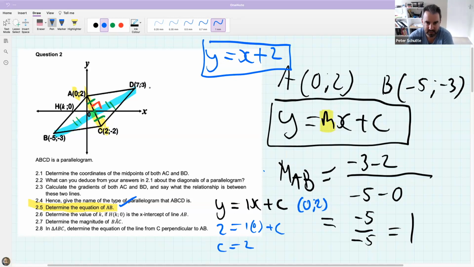Okay, next step, unless there are any questions, is find the value of k, the x-intercept of the line AB. So they want to know what is this blue point over here, and you need to use the equation of the line to help you. So what is the x-intercept there going to be? How do we find the x-intercepts?